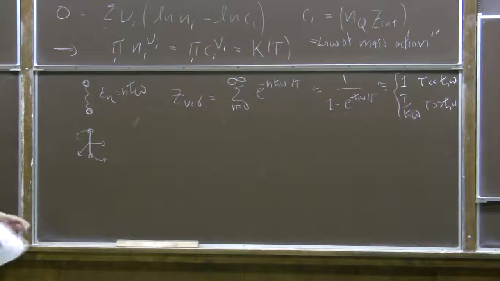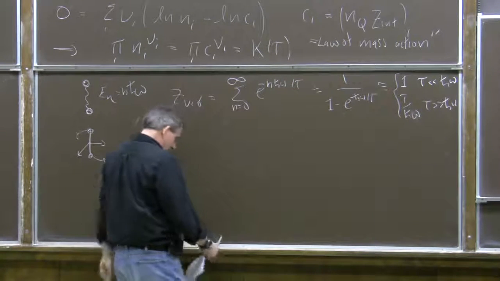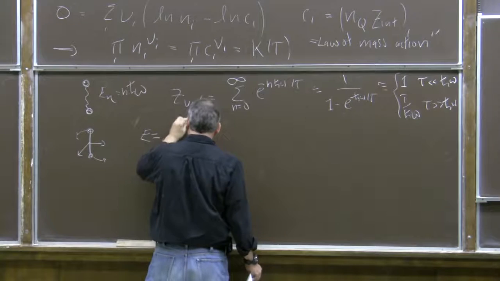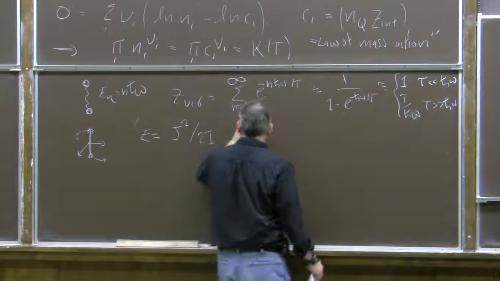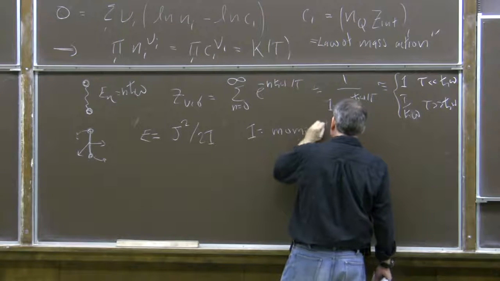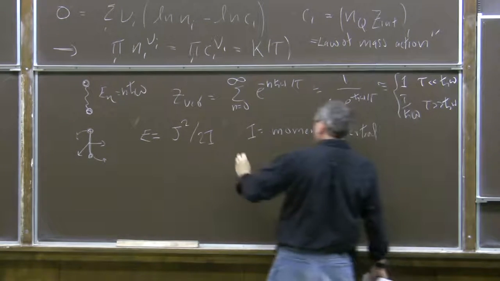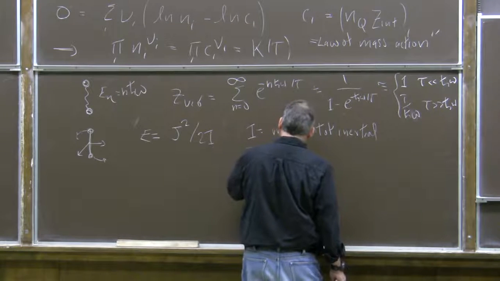And the kinetic energy of rotation is just J squared over 2I, I equals moment of inertia, J equals angular momentum.